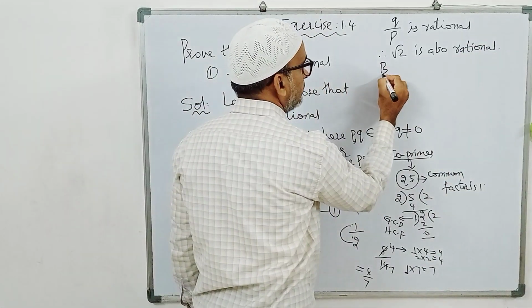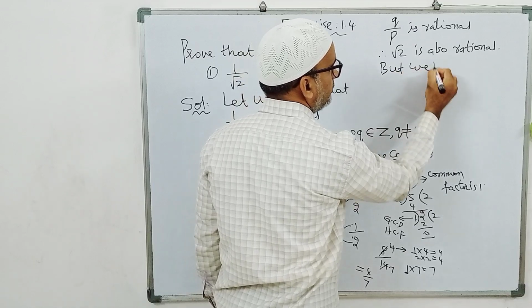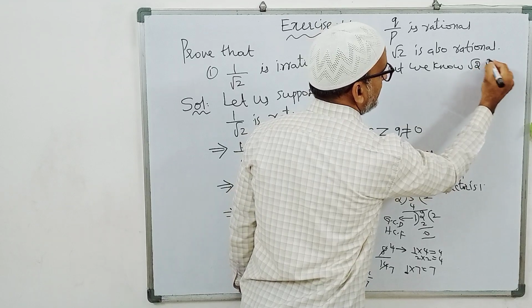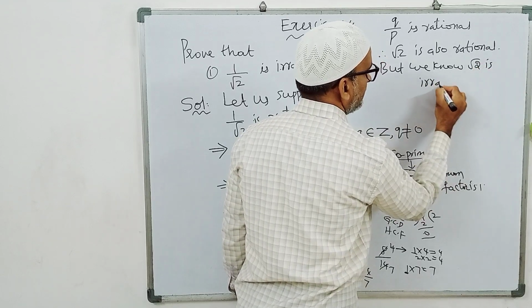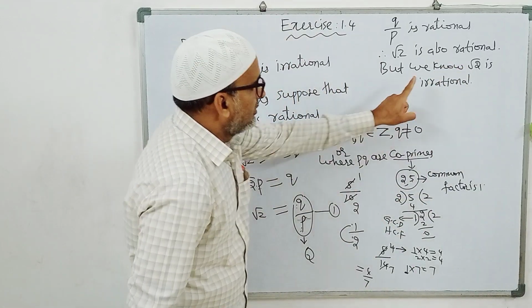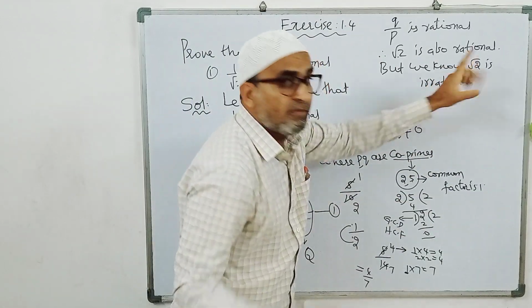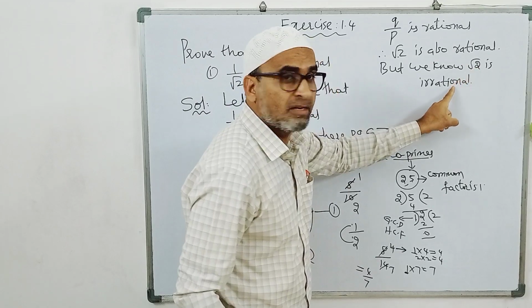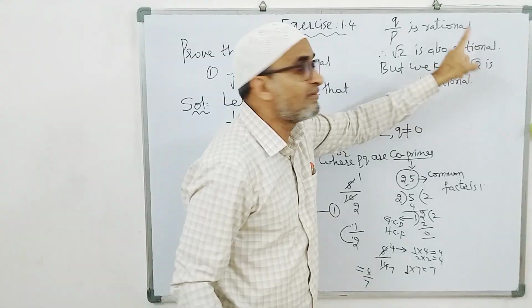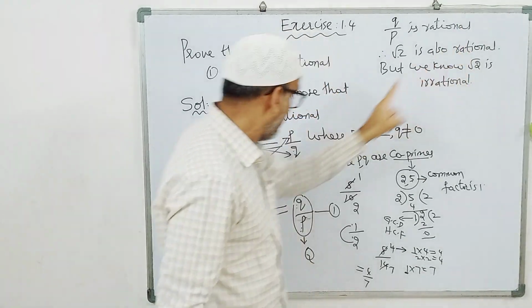But we know the fact that root 2 is irrational. But the answer you got here is root 2 is rational. Why did you get this answer, rational?